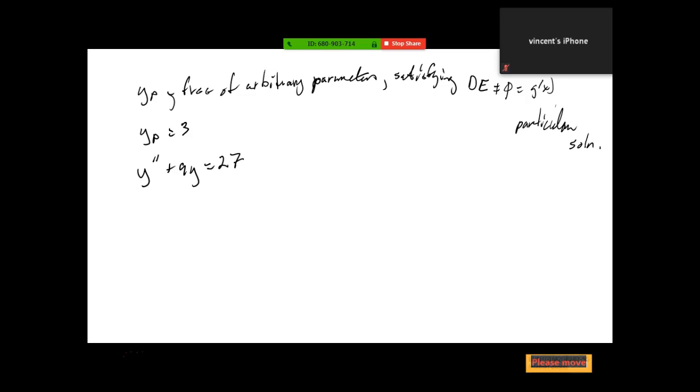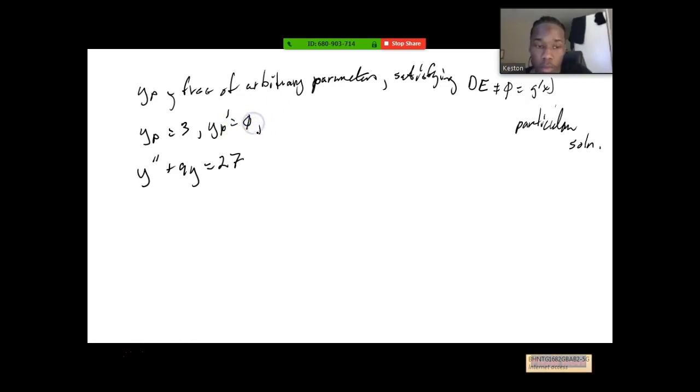Well, if you do y sub p prime, what is the first derivative of 3? 0. Okay? What's the second derivative of y sub p? That's also 0, because the derivative of 0 is 0.